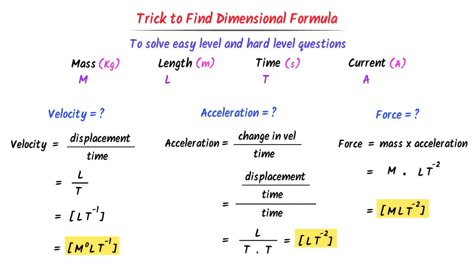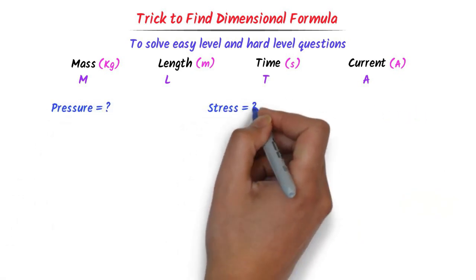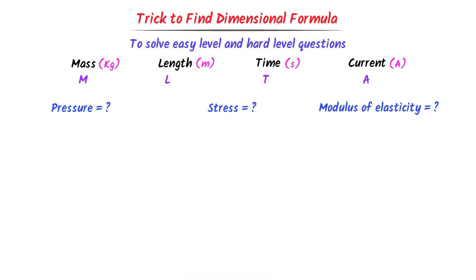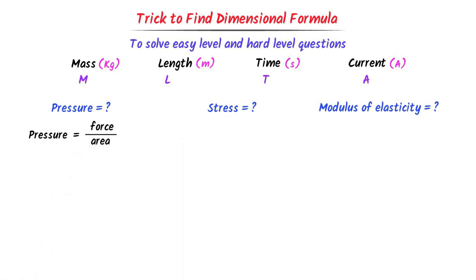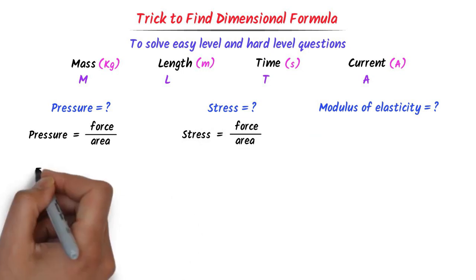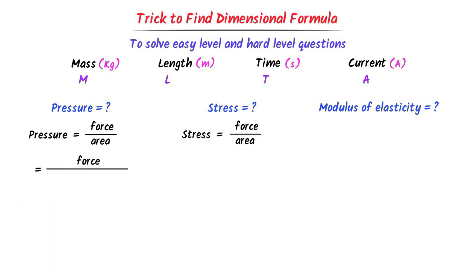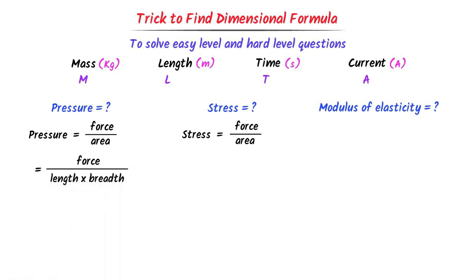Now consider these hard level questions. Find the dimensional formula of pressure, stress and modulus of elasticity. Well, we know that pressure is equal to force upon area, and that of stress is force upon area. Now I write force upon area, and we know that area is equal to length into breadth. We have already calculated the dimensional formula of force, which is M L T^-2.